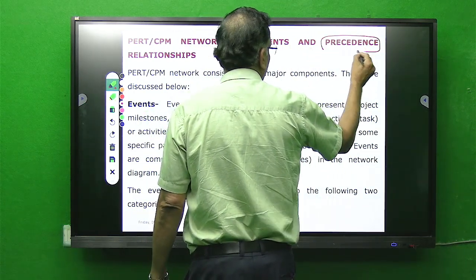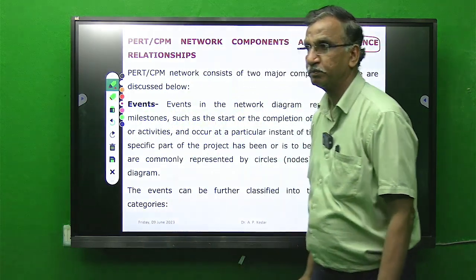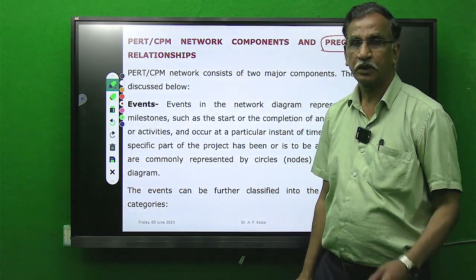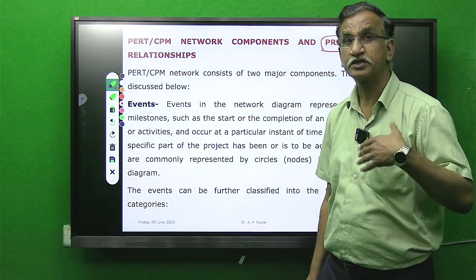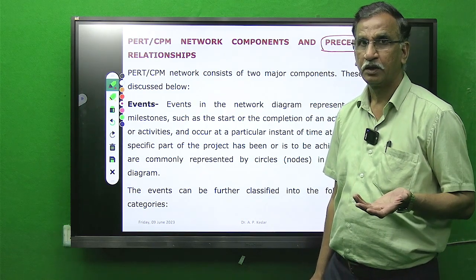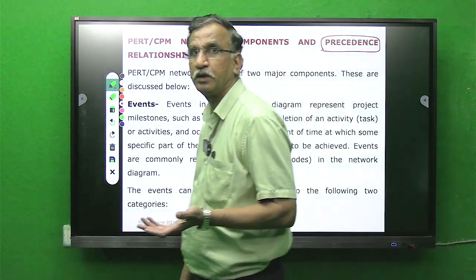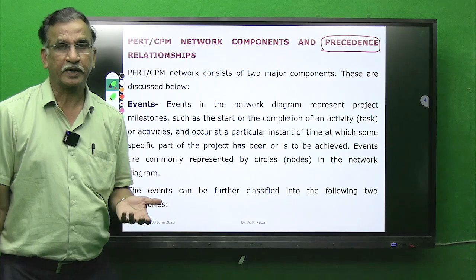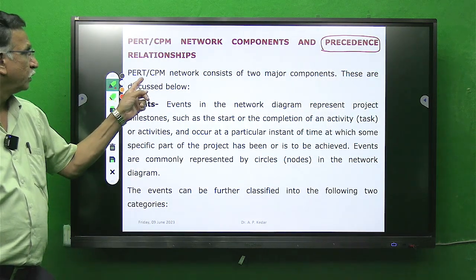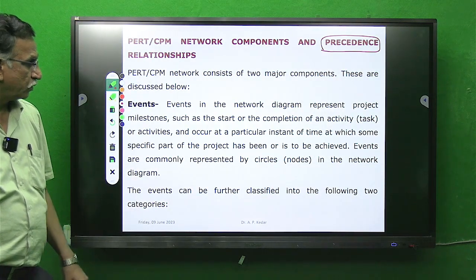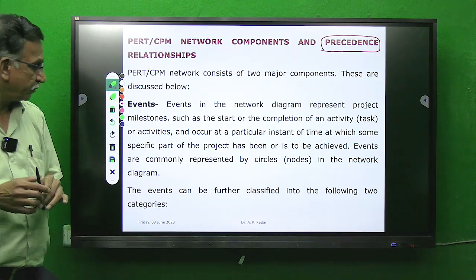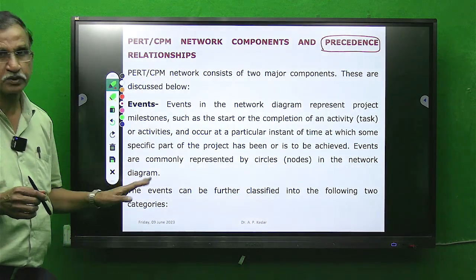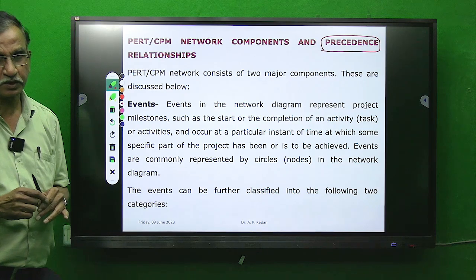We have coined the term precedence, that is one after the other, the logical and sequential connection of the nodes and activities. Now events, we have seen, are a distinct point in time. Activity, we have seen, is represented by a straight line arrow.